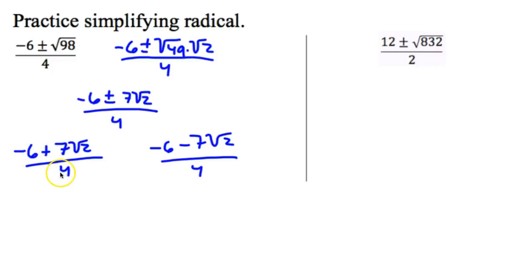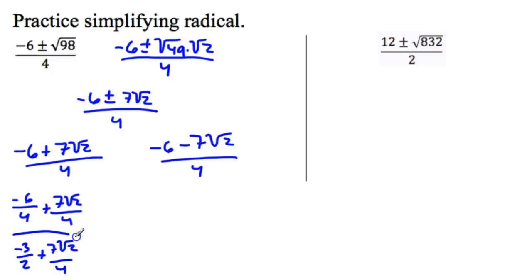So the denominator is 4, right? So I can say negative 6 divided by 4 plus 7 square root 2 divided by 4. This simplifies to negative 3 over 2, and this doesn't simplify, so I have plus 7 square root 2 over 4. All right, that's one answer. Kind of ugly, but it's an answer.